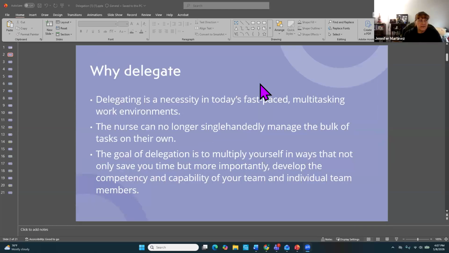All right. So let's go through some initial stuff just as a recap. Remember, delegation is necessary. You can't do it alone. Again, nursing is a team sport, not an individual sport, right? It allows you to multiply yourselves and helps you save time.